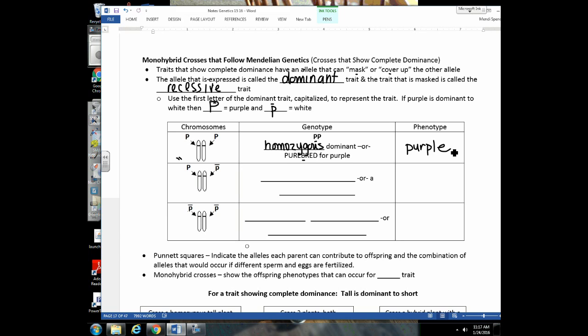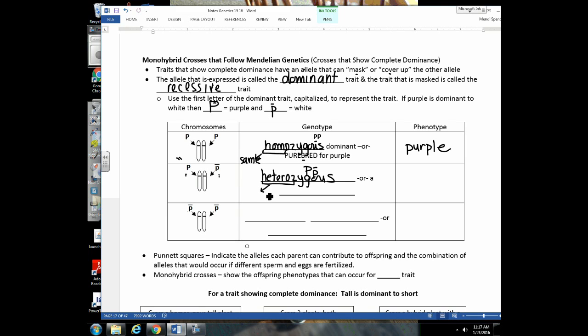Next we have an organism, and they have a code for purple and they have a code for white. So we say that they're big P, little p, and the fancier way to say that is they're heterozygous. Homo means the same, so their 2 letters are going to be the same.